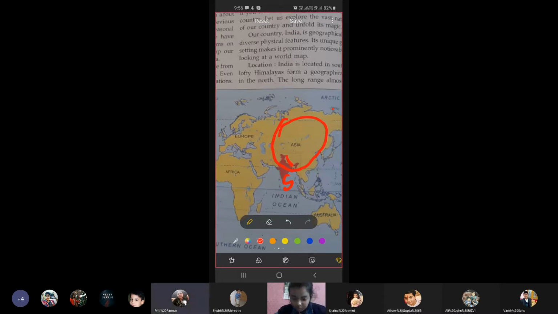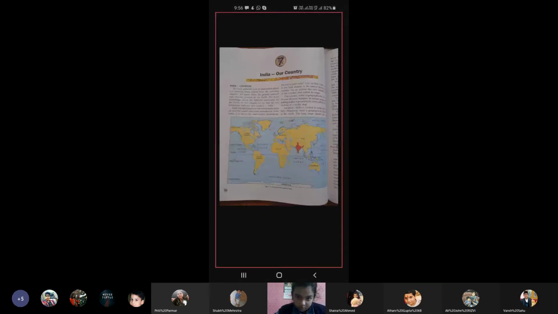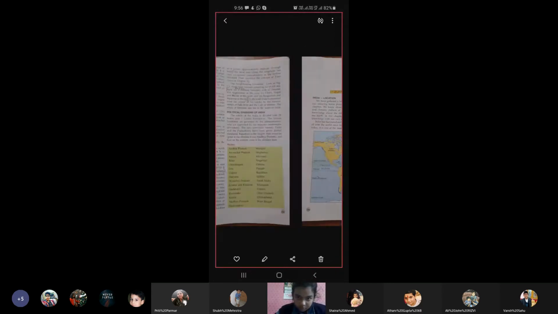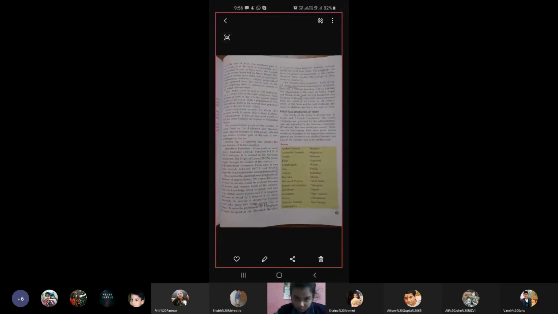The long range almost cuts it off from the rest of Asia. The southern part of the country is in the form of a peninsula. You know what a peninsula is?